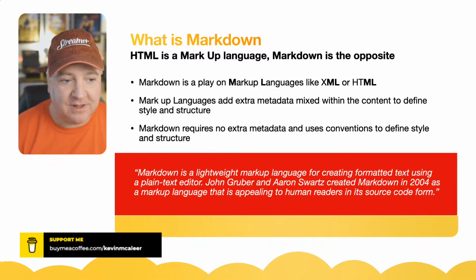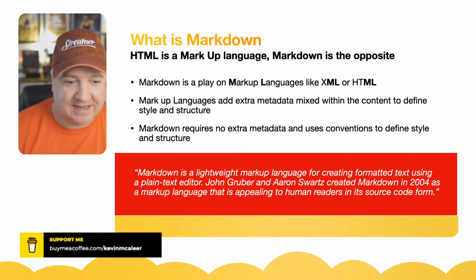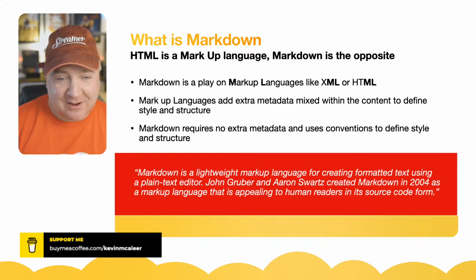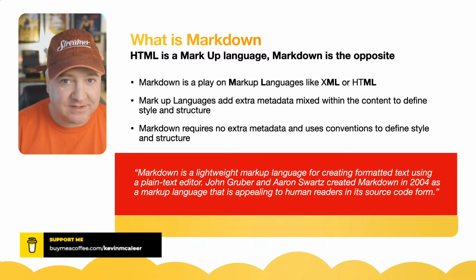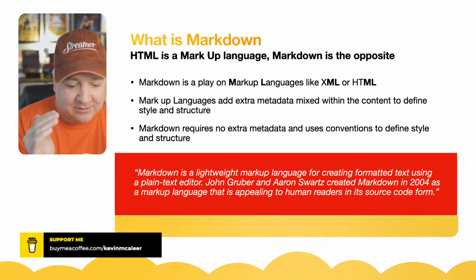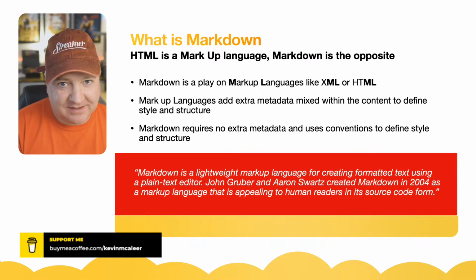Markdown is a play on markup languages like XML or HTML. Markup languages add extra data, extra tags and things, so you might see the little brackets in HTML and then brackets with a slash at the end to close the tags.